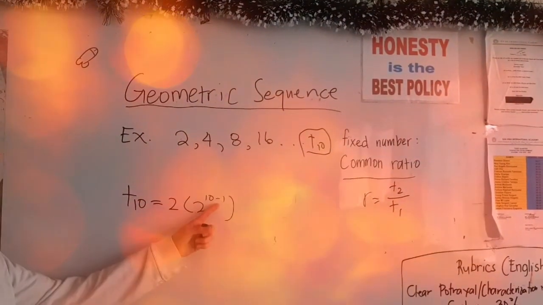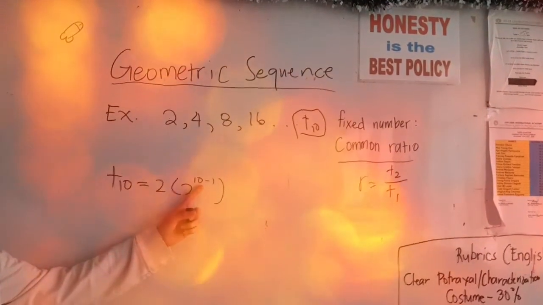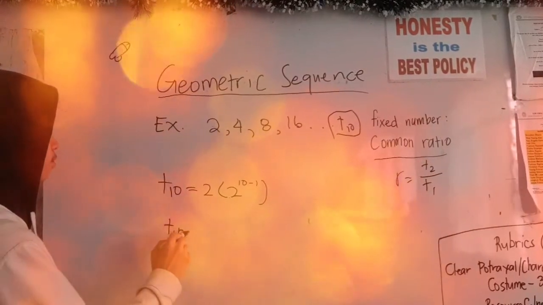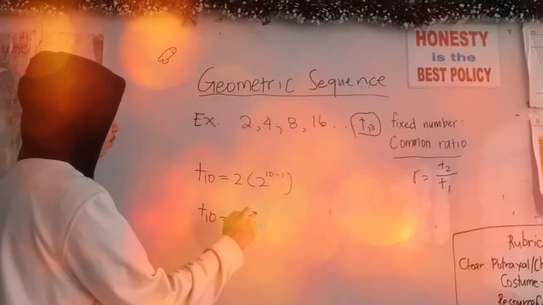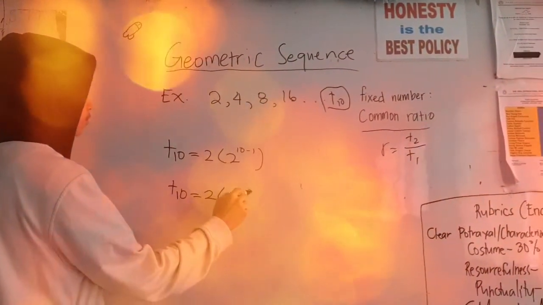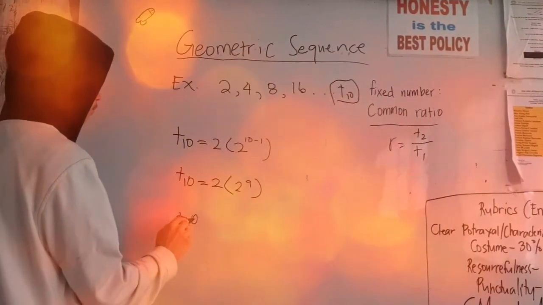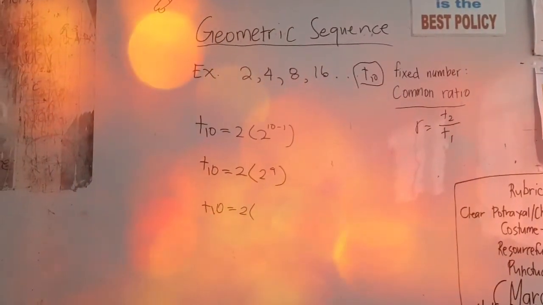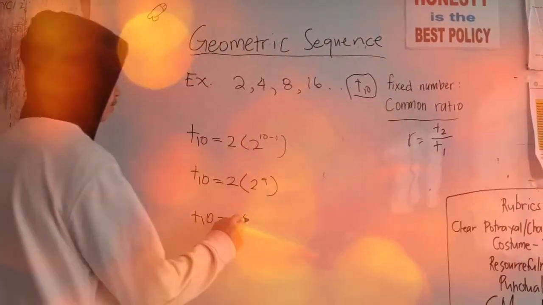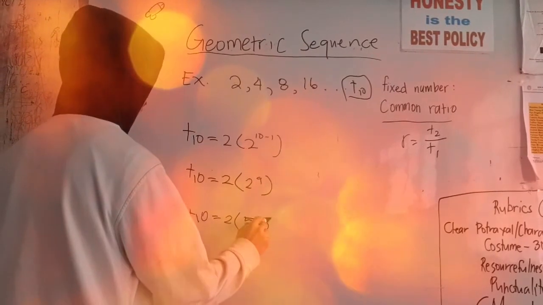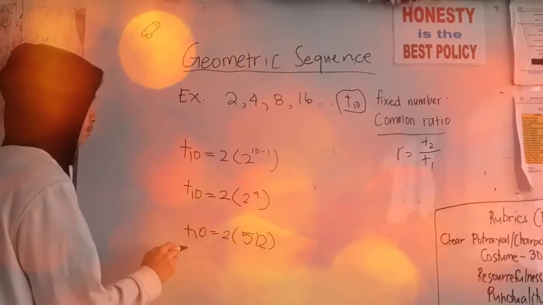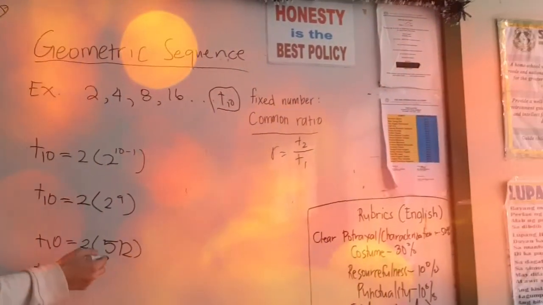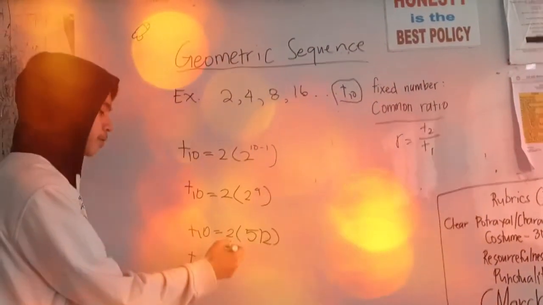So we need to do 10 minus 1. Then multiply 2 to the power of 9, which is 512.